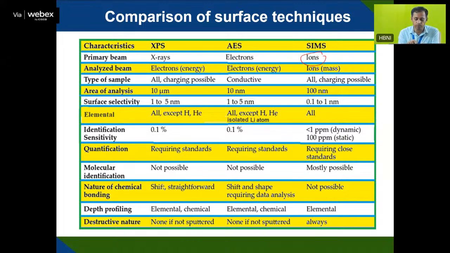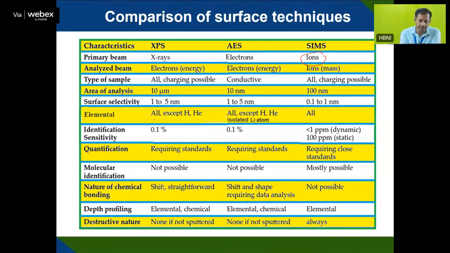You can use mainly conductive samples in AES, and here you can use all samples, but there is a charging issue that has to be nullified. The analysis area is 10 micron for XPS, 10 nanometer for AES, and 100 nanometer for SIMS. Sensitivity is almost equivalent, a little higher in the case of SIMS, 0.1 to 1 nanometer.